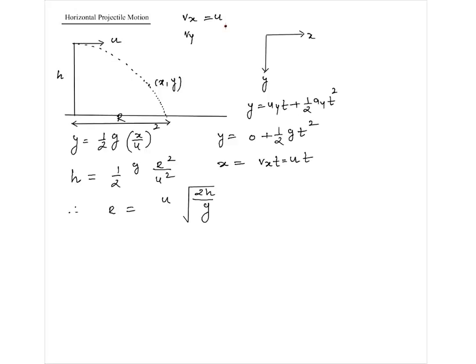So for x direction, we can use speed equal to distance upon time formula, or time equal to distance upon speed. This can be used for x direction, not for y direction. So r by u is the time of flight, and that will be this much.